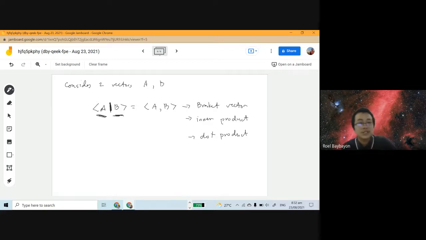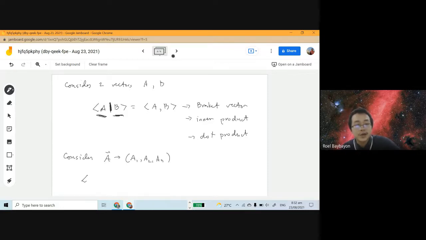So what is this ket vector A? So unsa ni yung pagsulat ni ket vector A? Okay? So take note. Consider vector A has three components, A1, A2, and A3. Okay?